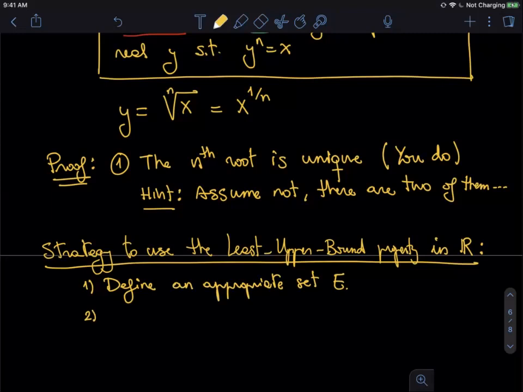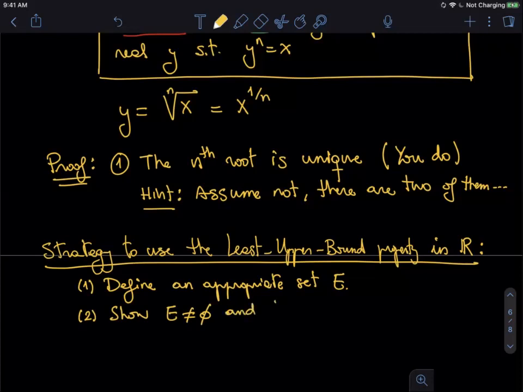The second step: we can define any set we want, but we need something that is useful. So we need to show that E is not empty, because if it's empty, it's not going to work.